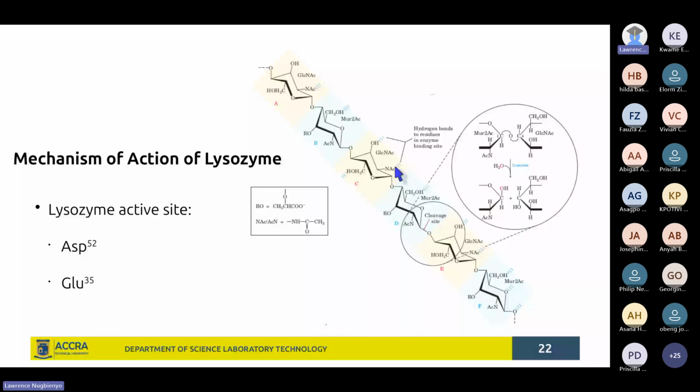And here you see a glycosidic bond between the N-acetylmuramic acid and N-acetylglucosamine, which is being hydrolyzed, and that hydrolytic reaction is being catalyzed by a lysozyme to break that bond, so that you now have N-acetylglucosamine, N-acetylmuramic acid, and N-acetylglucosamine separating. So the bond is broken.